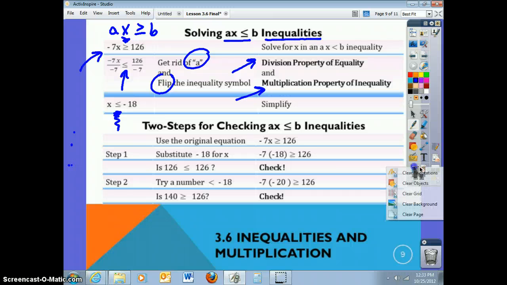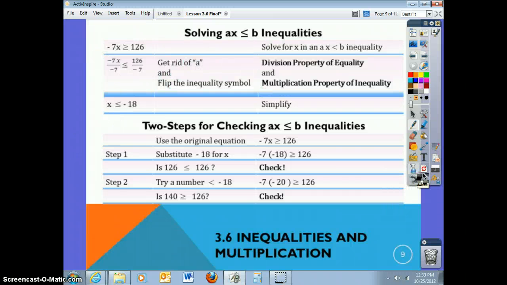It's really important when you do these to check them, because I guarantee you there's going to be errors if you don't. So do this two-step check. Take your original inequality, -7x is greater than or equal to 126. Take both parts of your solution.